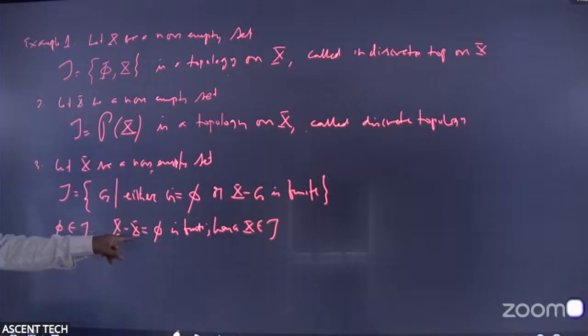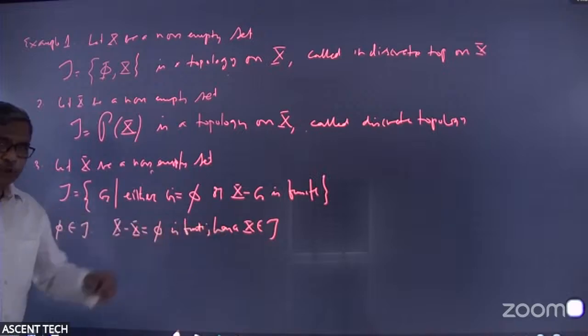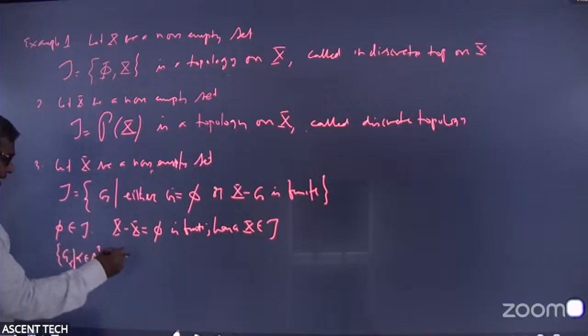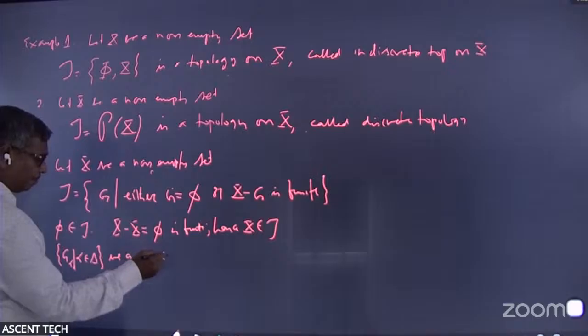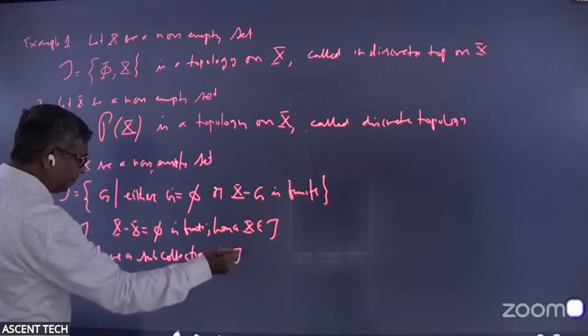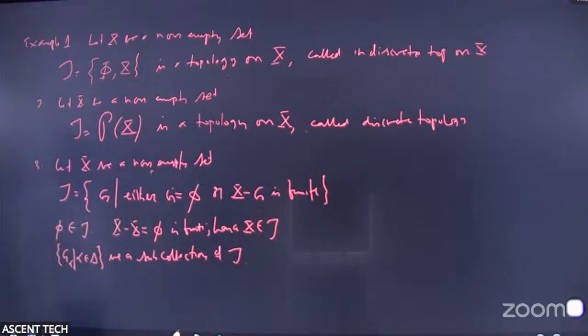X minus X is fine, so X is like G, and that is in T. So both the empty set and the whole space are in T. Now if I take an arbitrary collection, let's say G alpha, alpha belonging to delta, a subcollection of T, I want to say that their union is in T. Well, actually, if I look at a lot of them, maybe they're all empty. If they're all empty, their union is also empty, and then that is in T.